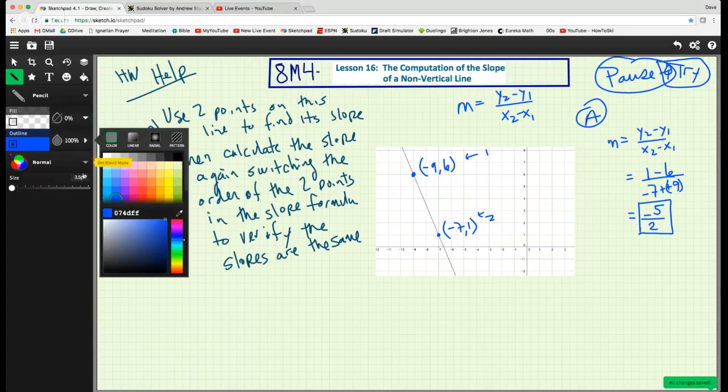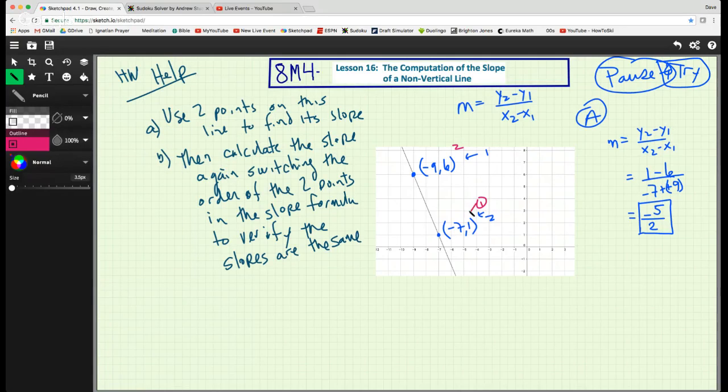Now I'm going to do this the second way, and I'm going to switch my x's and my y's. So I'm going to start here. This is going to be my 2, and this is now going to be my 1. So now we have m equals 6 minus 1, my change in my y's, over my change in my x's, is -9 minus -7.